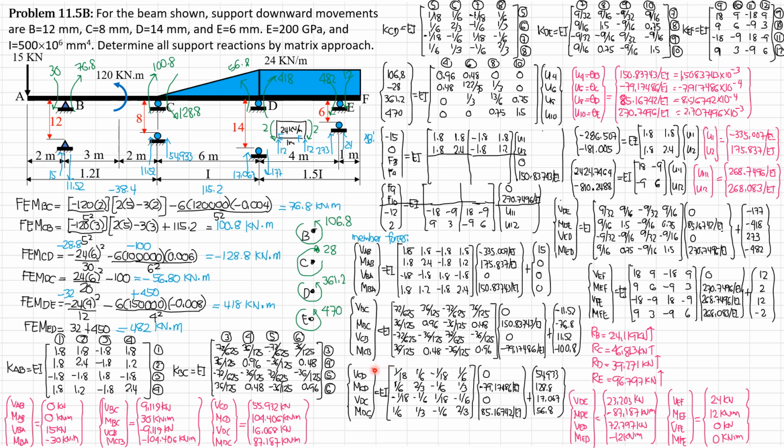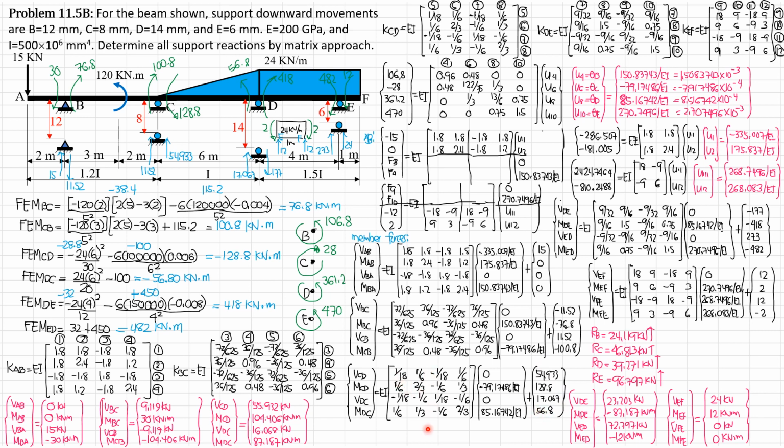Then for member forces of CD, we have shear CD, MCD, shear DC, MDC, stiffness of CD, then displacements U5, 0, U6, negative 79, you just look at there, U7, then U8. Then fixed forces, positive 54.933, this is counterclockwise, so positive 128.8. Then positive 17.067, then counterclockwise, so positive 56.8.